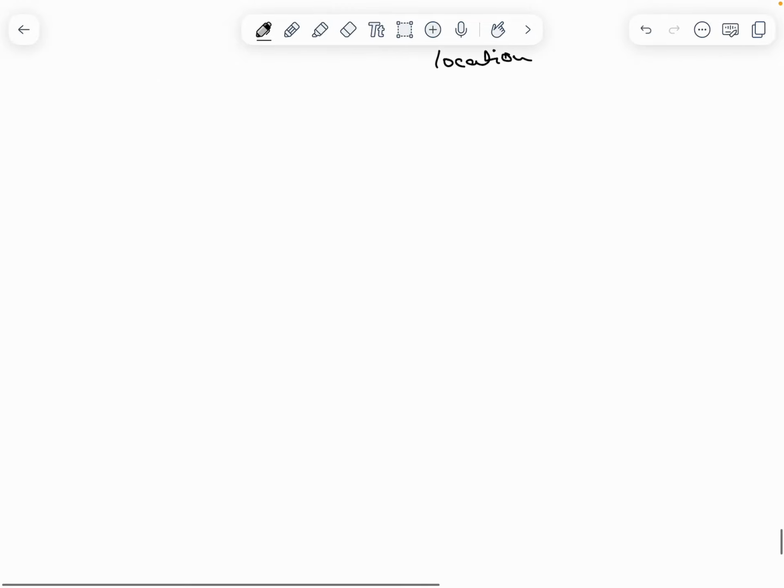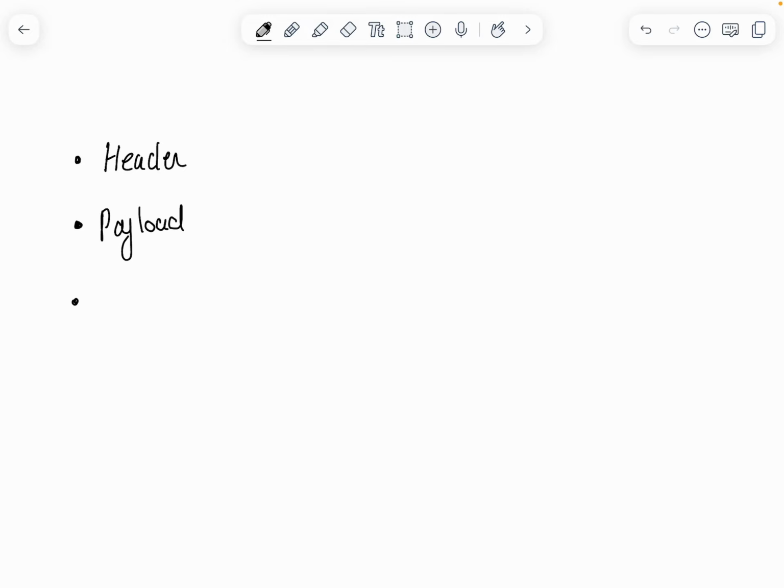So essentially, a data packet contains three different things. A data packet will contain a header, the payload, and the trailer. Now the header will hold the source address, the source IP address.